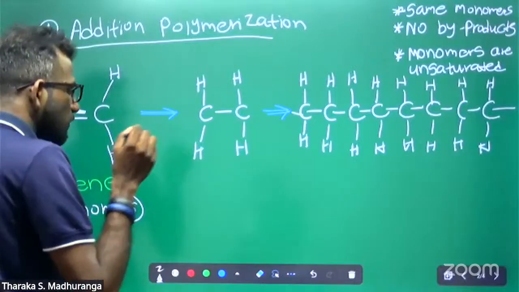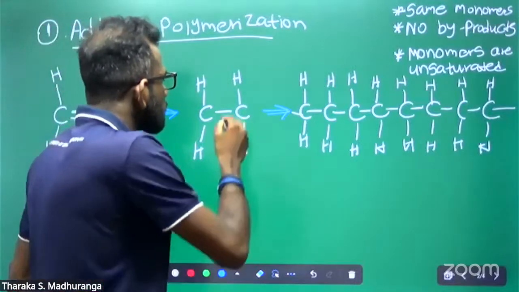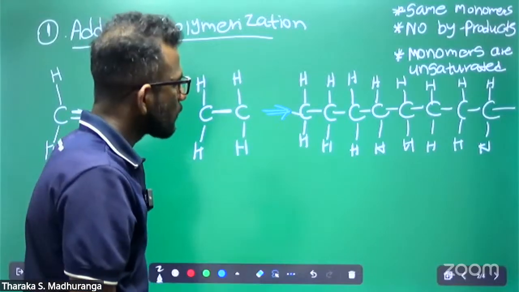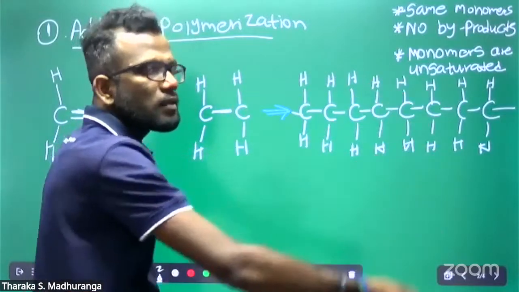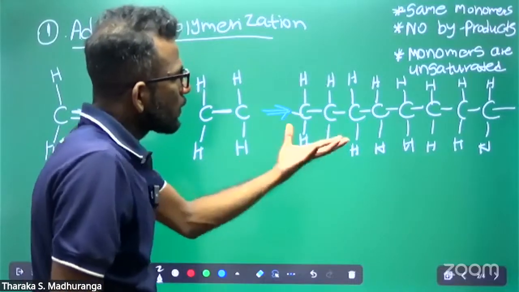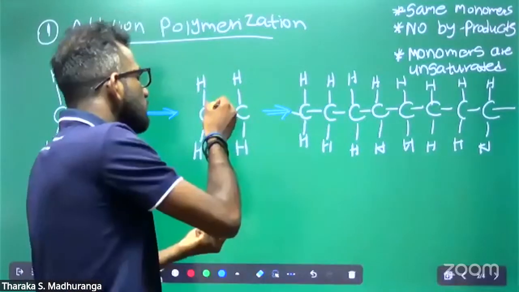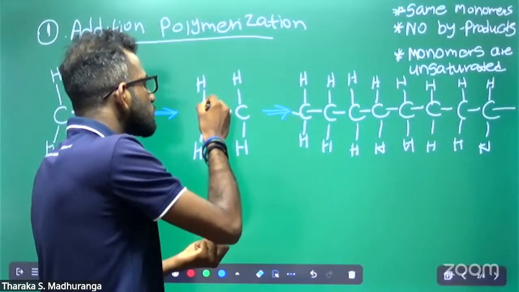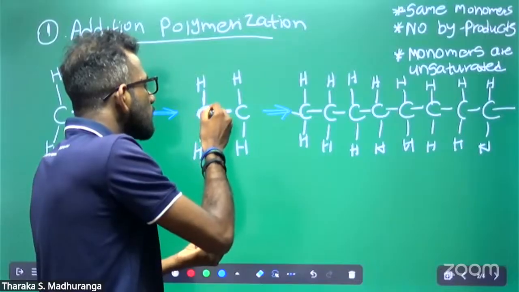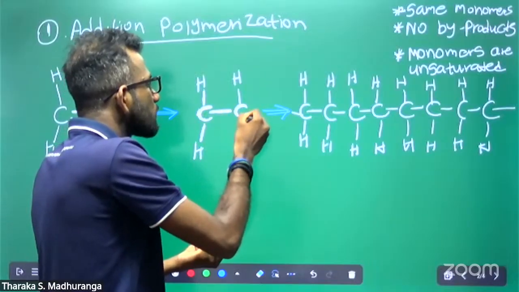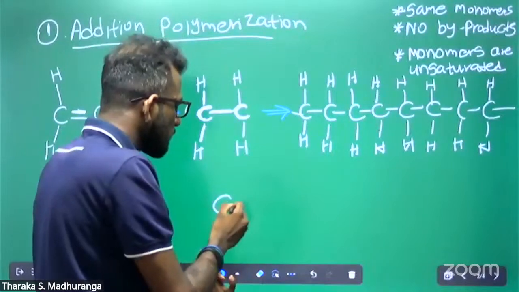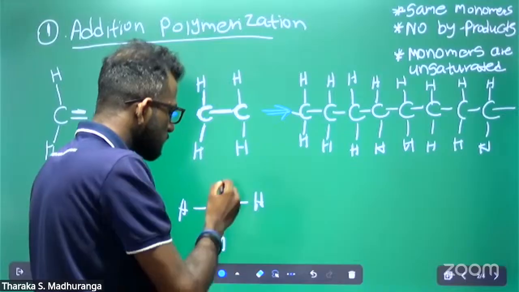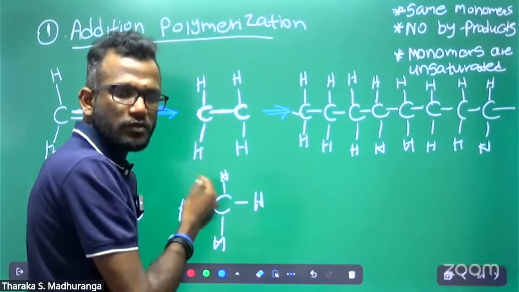Double bond. In the polymerization process, first one bond is broken down. When one bond breaks, the carbon has only three bonds. You can see three bonds. Then there is another chance for bonding. To stabilize, this carbon must have four bonds.